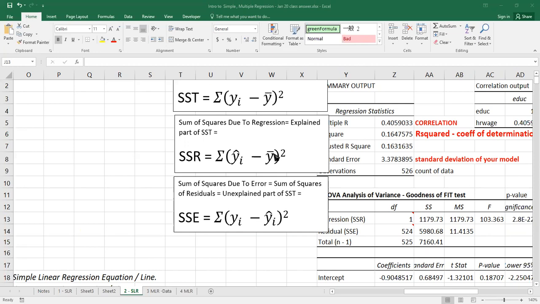So si predicted, minus natin si average. Yun ang SS regression natin. Yung residual natin, yung error term natin will be the sum of the squared deviations between your actual minus your predicted. Ito yung hindi na-capture na variance. Ito yung total variance. Okay? So this is your total variance.